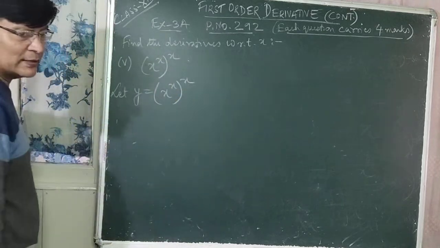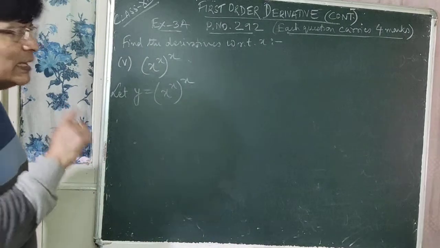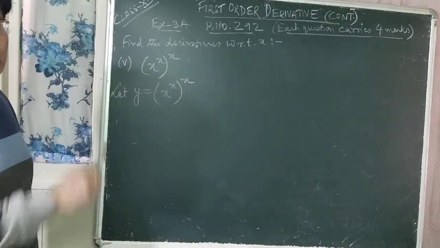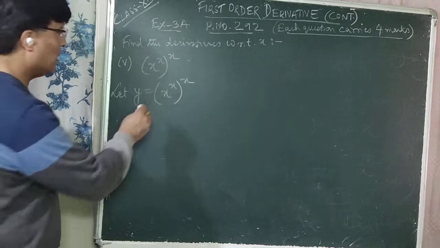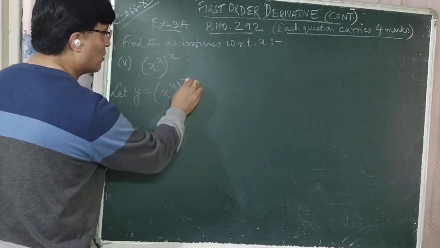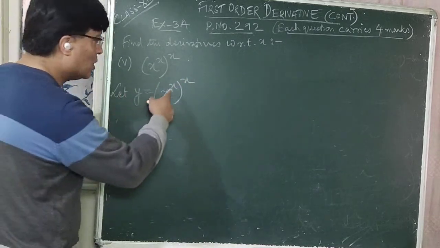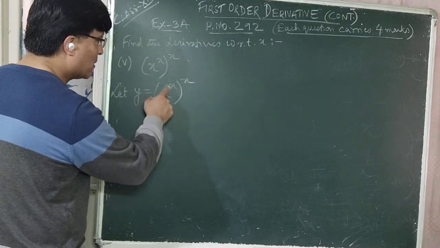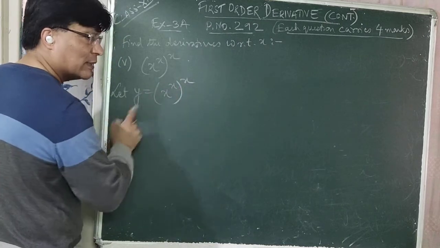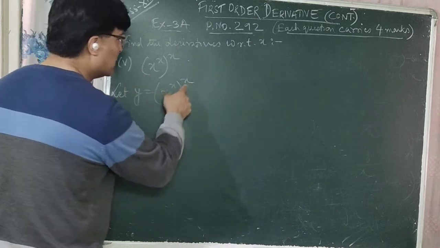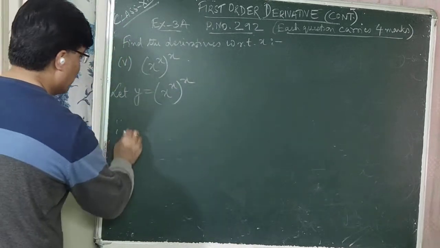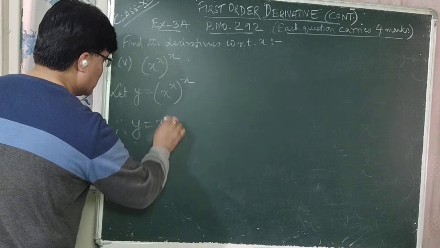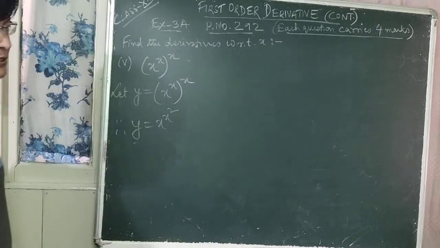It can be multiplied because it is given as (x to the power x) whole to the power x. That's why you can multiply these two powers. Therefore, y is equal to x to the power x square.